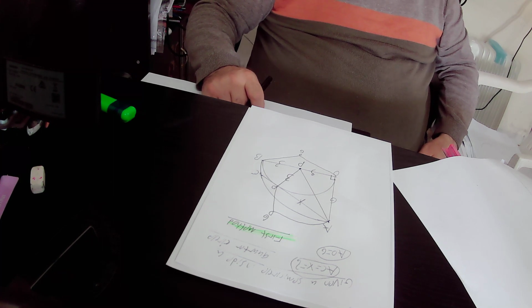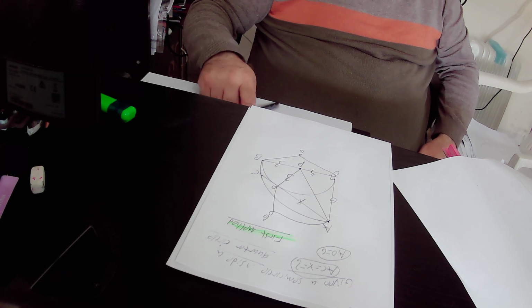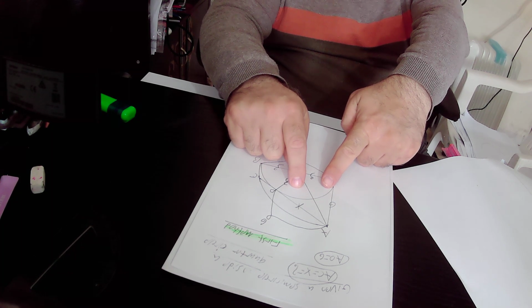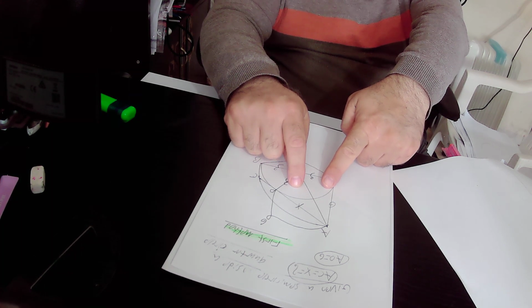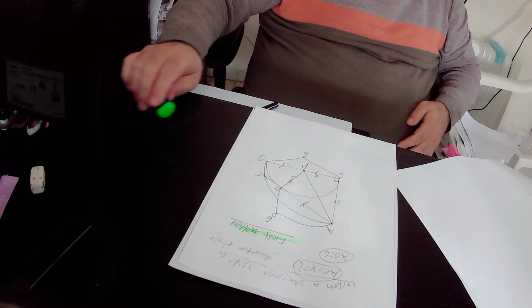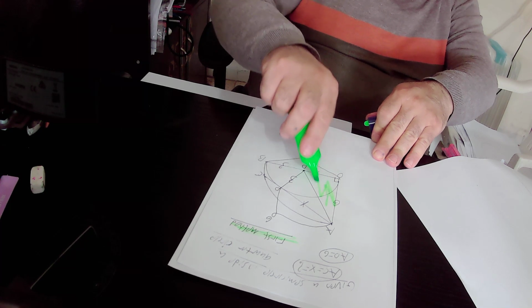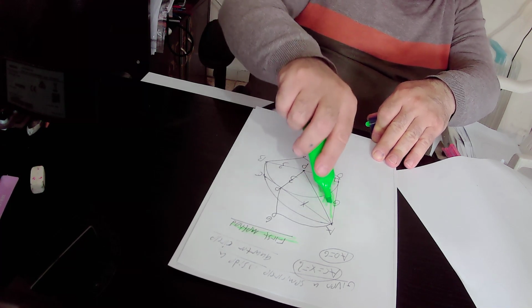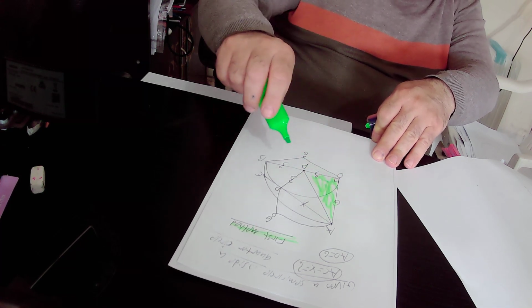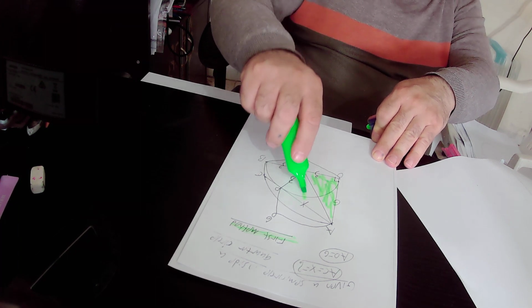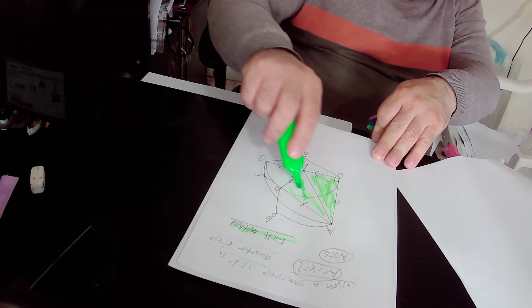In the next step, we will prove that those two right triangles are congruent to each other. Actually, they are congruent according to the side rule. So we will prove that the green right triangle, triangle AOP, is congruent to the green right triangle, triangle APD.